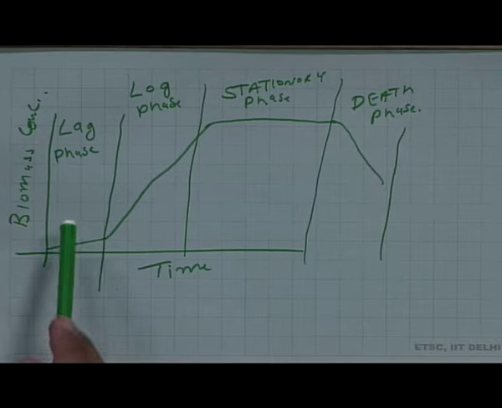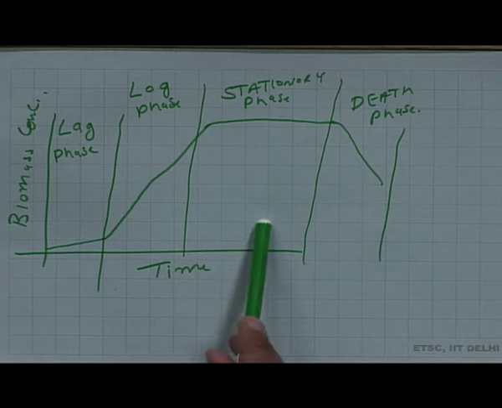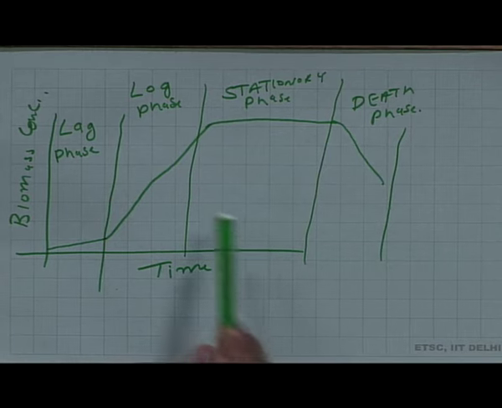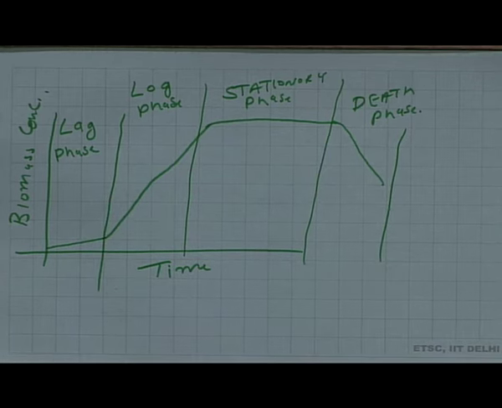Okay. So, when we are talking about generation time or doubling time, we are talking only about the log phase, not about the lag phase, neither the stationary phase nor the death phase, but only the log phase. Okay. And how do we calculate doubling time? There are two ways to do it. In this lecture, we will only look at how to do it with biomass.